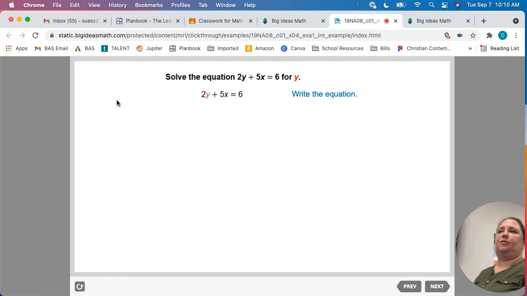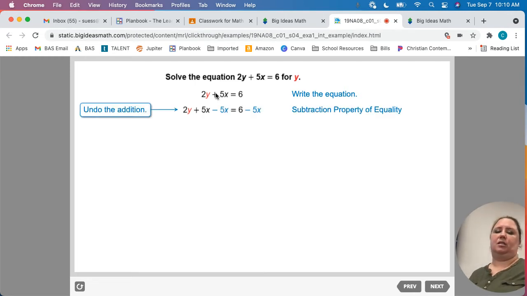Can anybody guess what's the first thing we should move, Elena? The 5x, because it's not actually attached to the y, so it's easier to move. If this is a plus 5x, how would I move it? Subtract 5x. So you're going to subtract 5x from both sides, technically. It cancels on this side, and you just leave it written over on the other side. 2y equals 6 minus 5x.